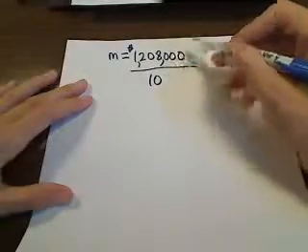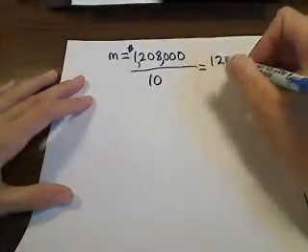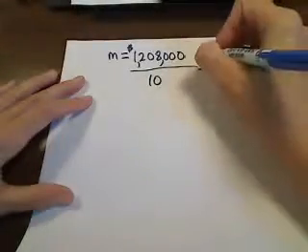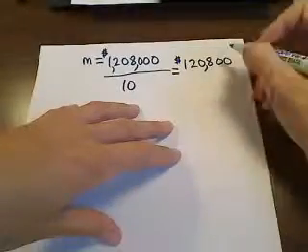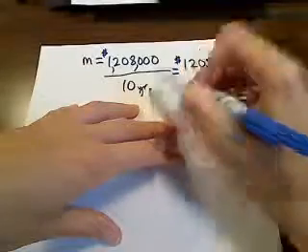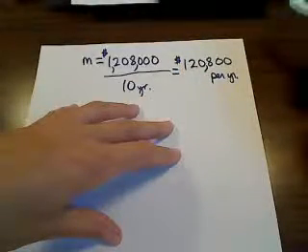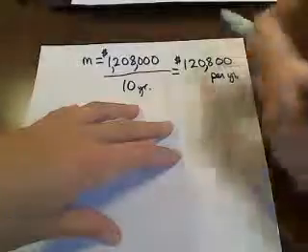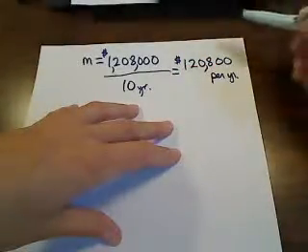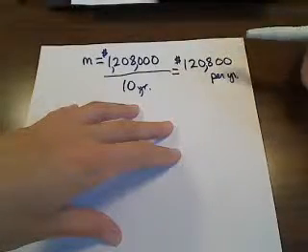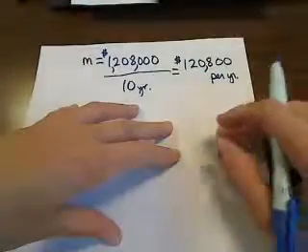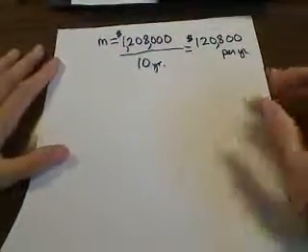If I divide these two, it essentially knocks off a zero, so I have 120,800. Now this is dollars per year, because year was our unit in the bottom. If we think of this slope as a rate of change, the fact that it's positive tells us that we're increasing over time, at a rate of $120,800 per year in terms of their average salary. All right, so that's the first step.